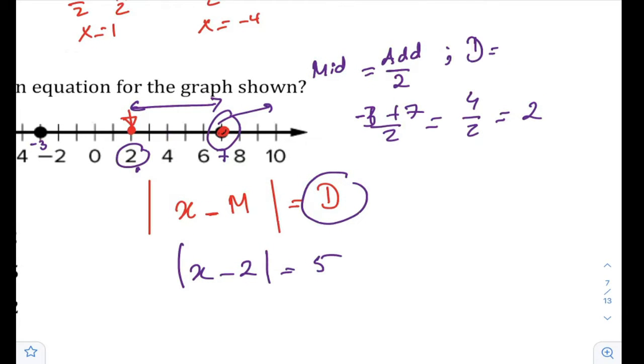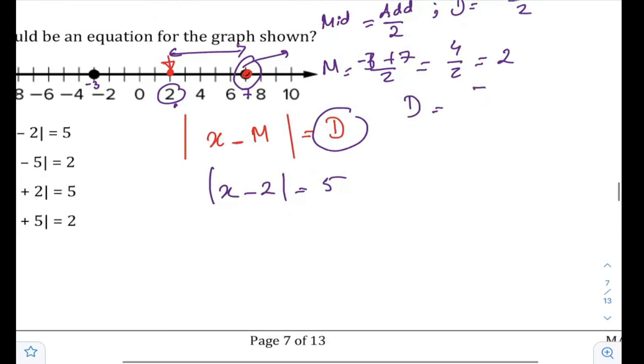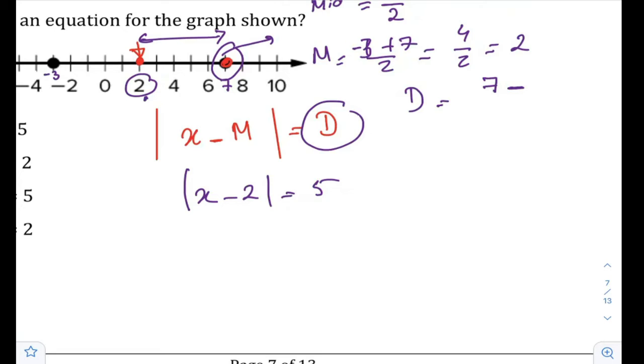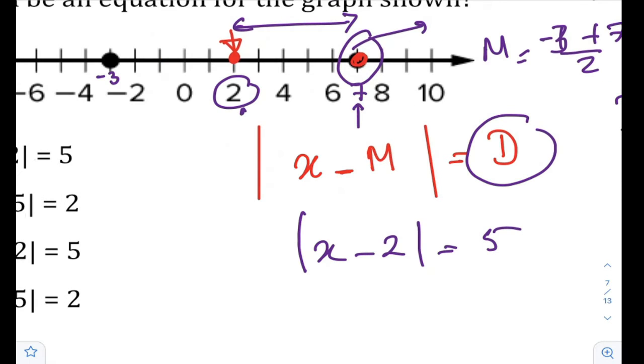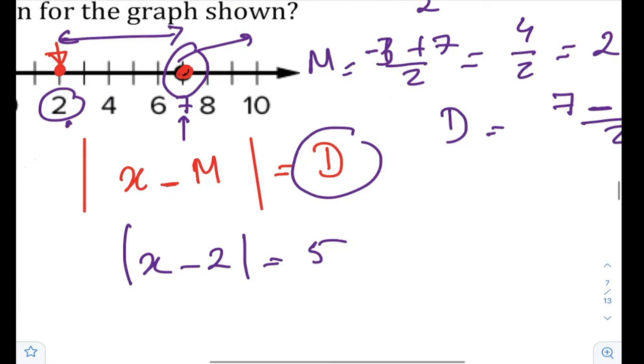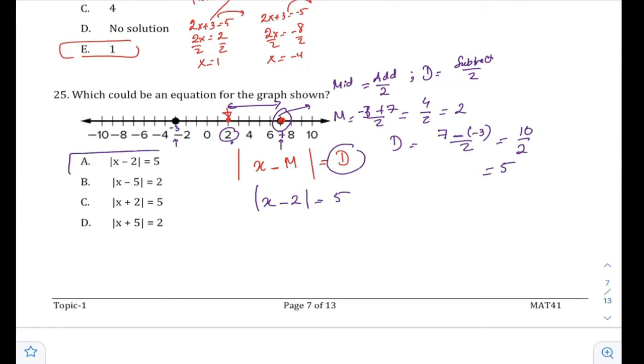So the distance is subtract and divide by 2. You can say the first point is what we have here, 7, minus the -3 and divide by 2. So 7 minus -3, which is 10, divided by 2, which is 5. And this is the solution.